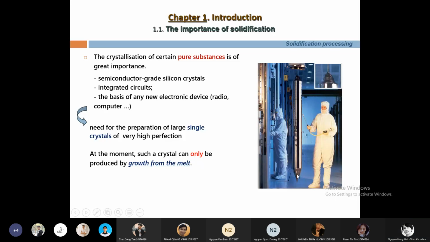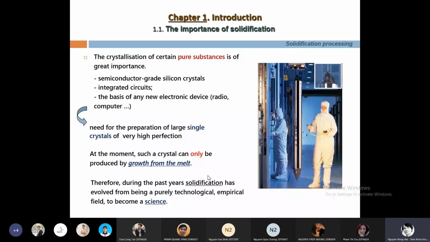Only one. It grows from the melt, by the crystallization process. So this is why solidification evolves from a purely technological and empirical field to become a science. From technological and empirical to science.